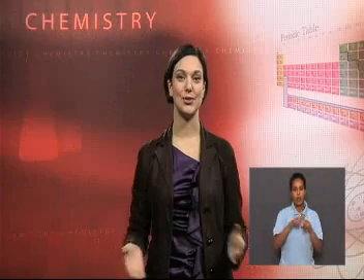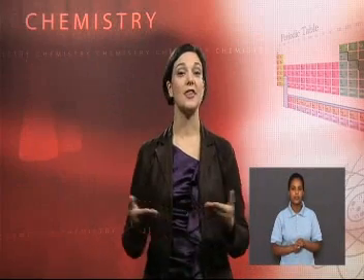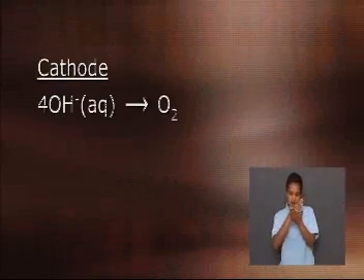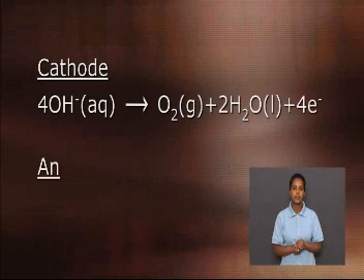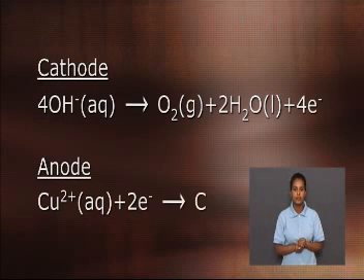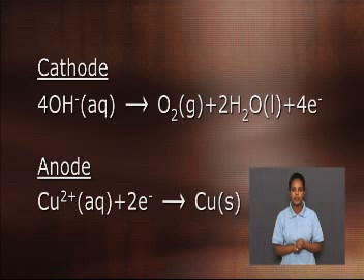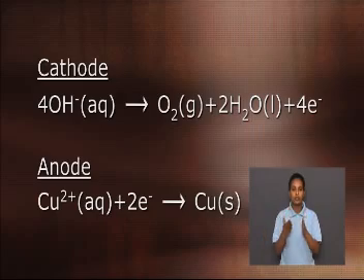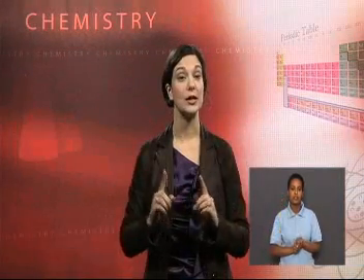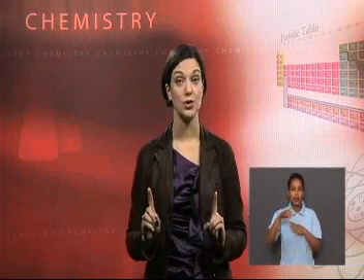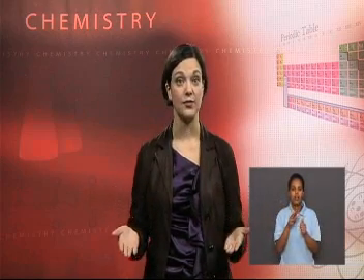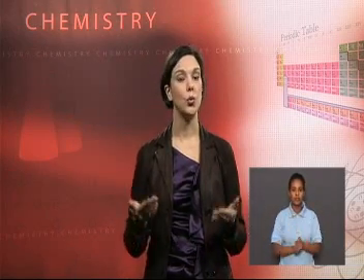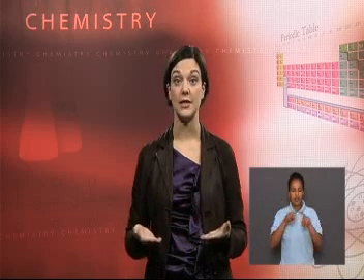The following half reactions occur. However, if we look at an example of the electrolysis of copper sulfate using copper electrodes, which are active electrodes, we will have a different outcome.